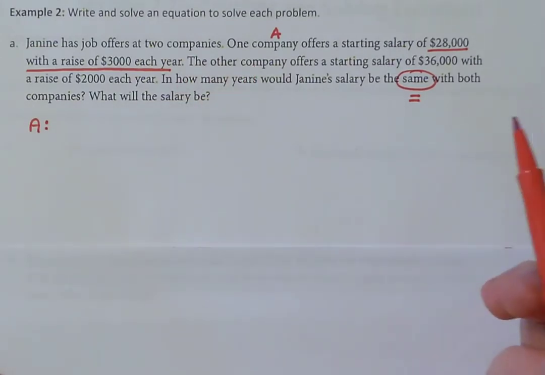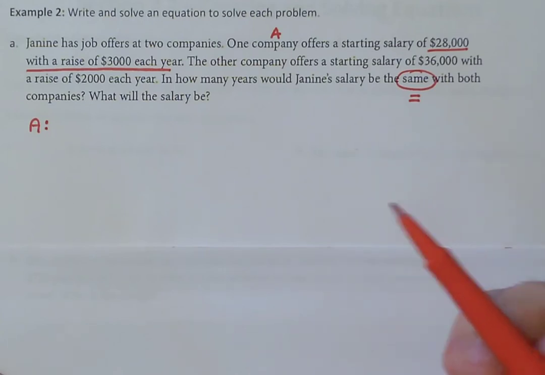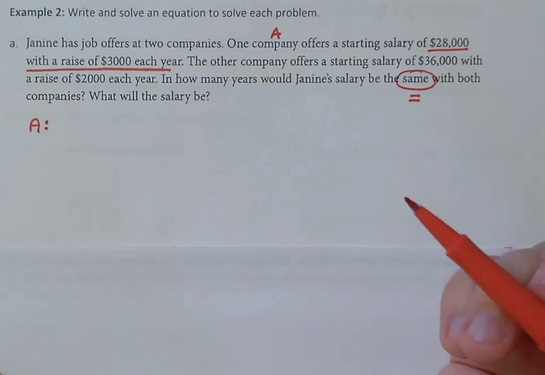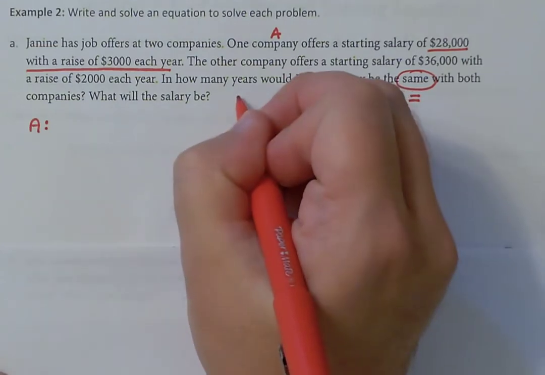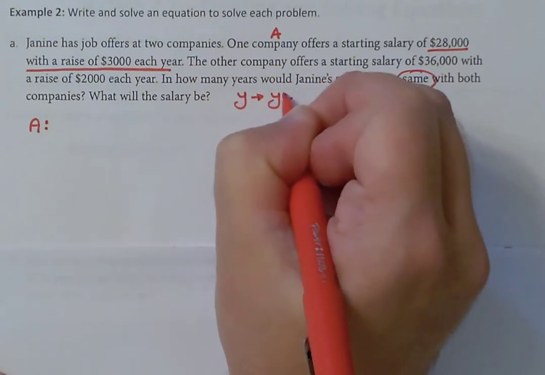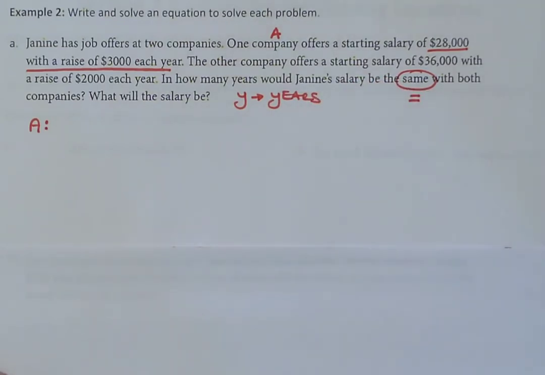Now, I need a variable to represent years. Doesn't matter which one you want to use. Some people are most common and comfortable with X. You can use X. I'm going to use Y in this case for years. On my completed notes, I use X. Just a matter of preference.